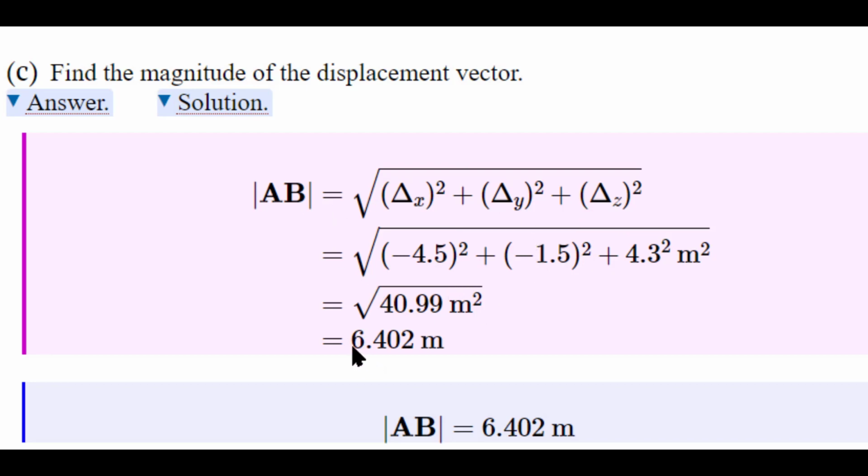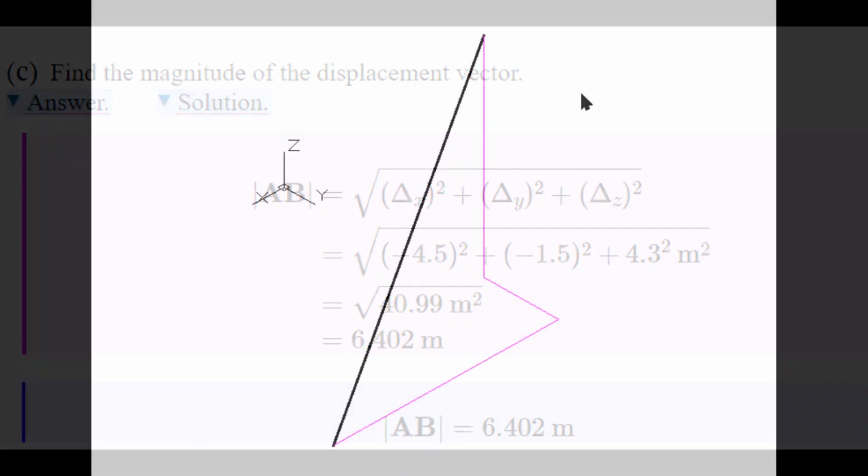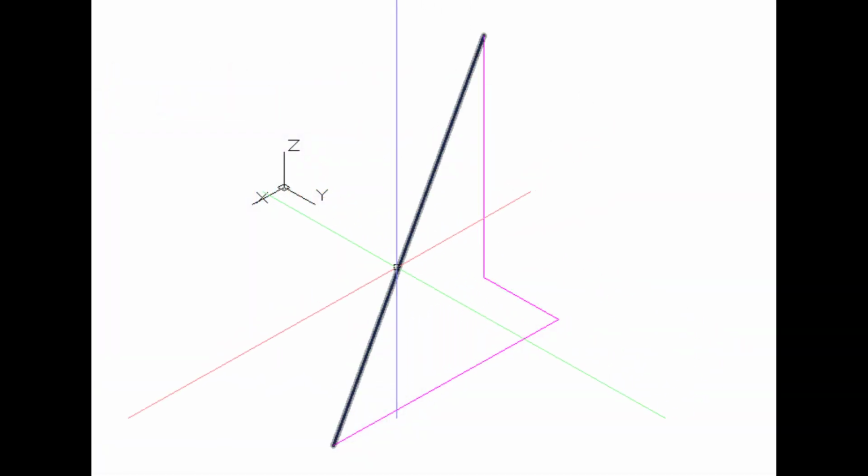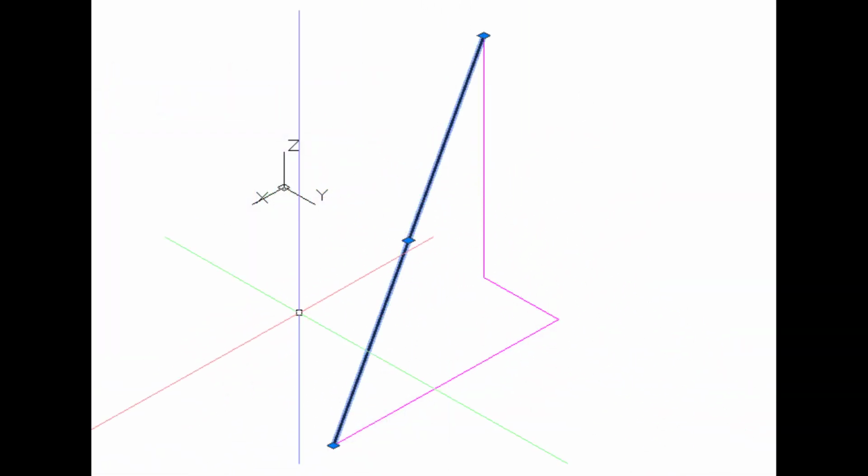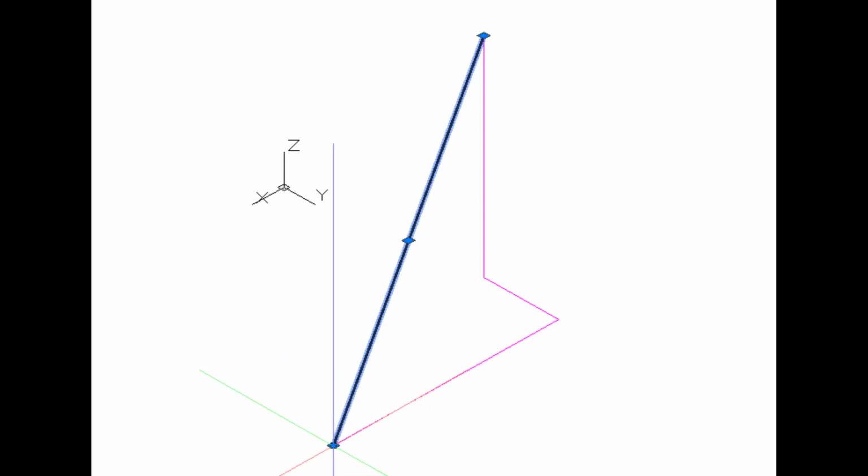The result is 6.402, and this represents the distance from A to B. If we check the length of this line here, which should be the magnitude of the displacement between A and B, we've got a length of 6.402, just like we got in the calculations.